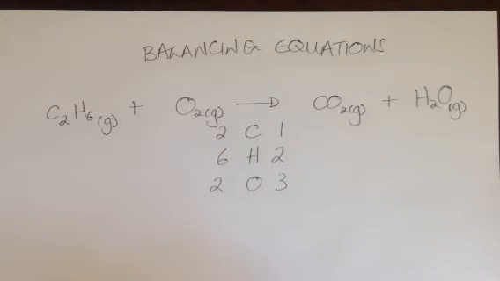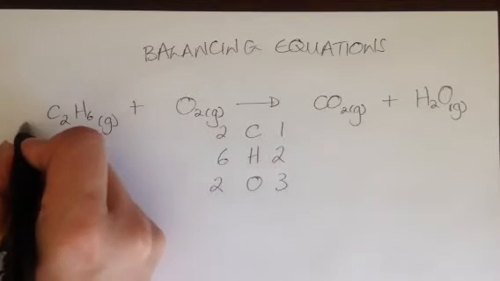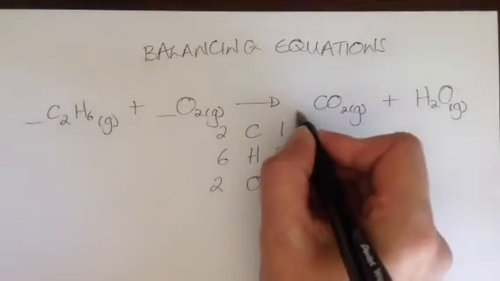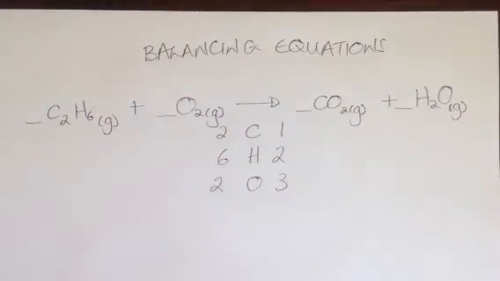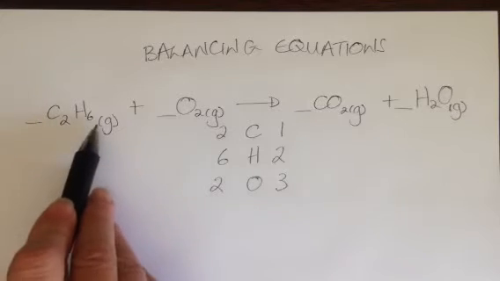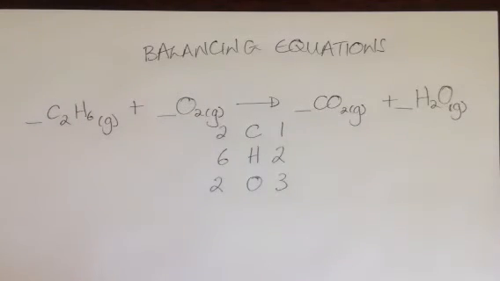Now, the only way you can balance an equation is by balancing the atoms. And we do that by writing coefficients in front of the formulas. We cannot balance an equation by changing subscripts or by adding or subtracting things to make it balanced. The only thing we can do is write coefficients in front of those formulas.